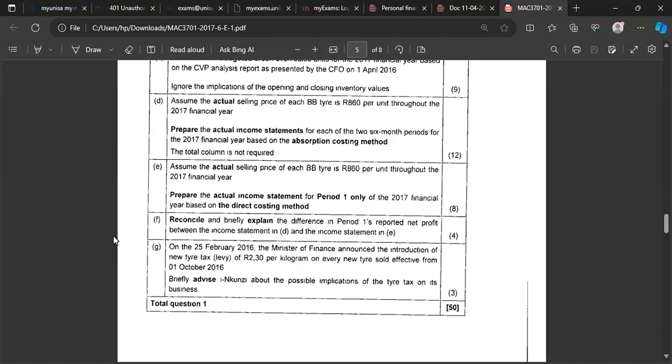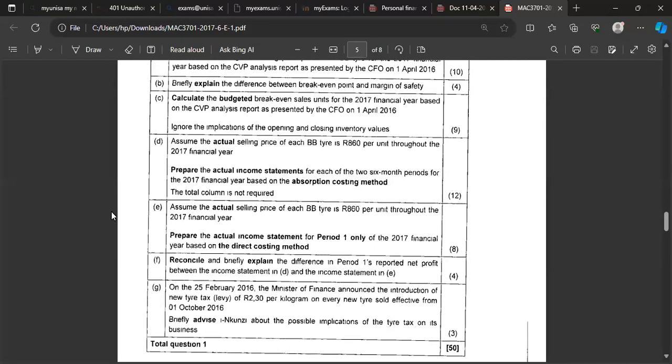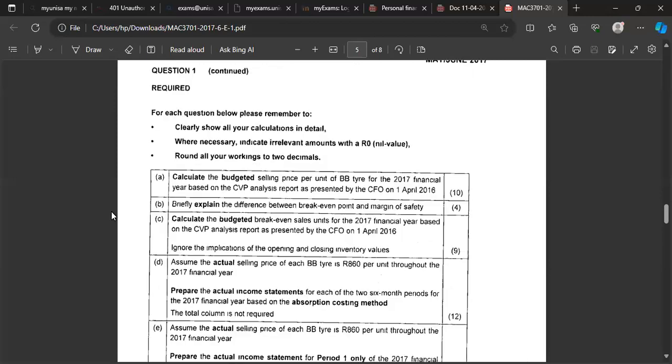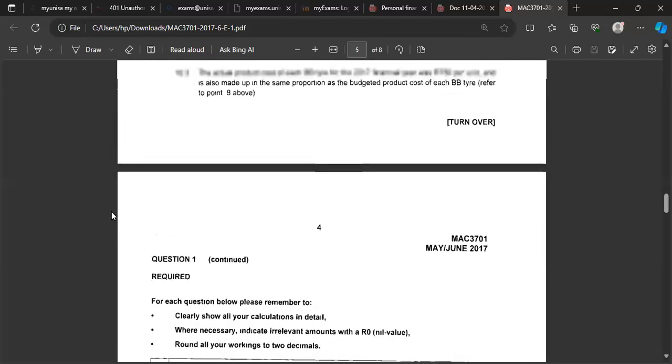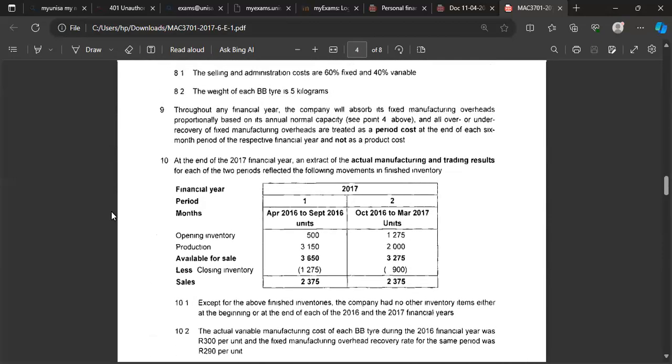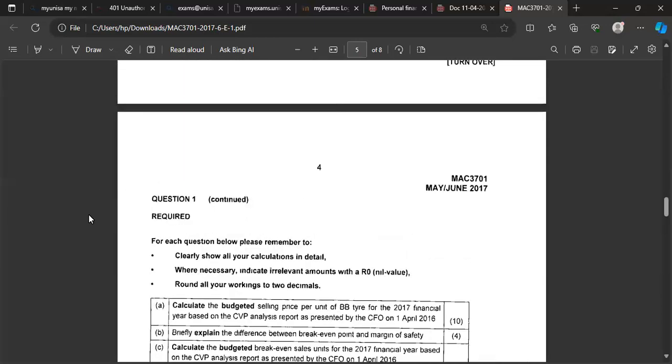I don't know if I've seen Inkunzi somewhere on the study guide. I can't remember, but the name really sounds familiar from the question bank. I think it's question 3.2 on the question bank. So it's the same question. Yeah, same. I should have known. We're not even going to pick this one. That's why someone was asking me about something on the question bank, and I said I was going to get to them.